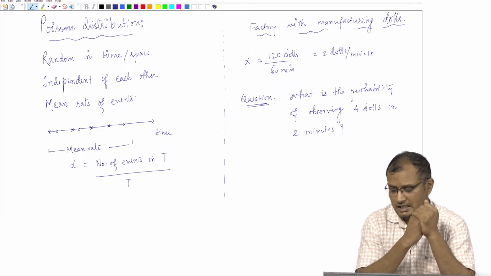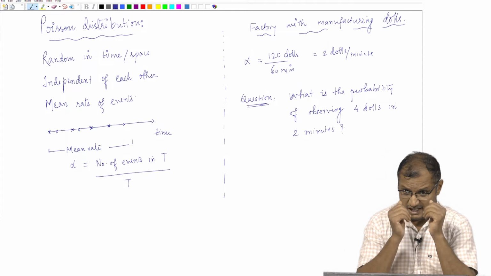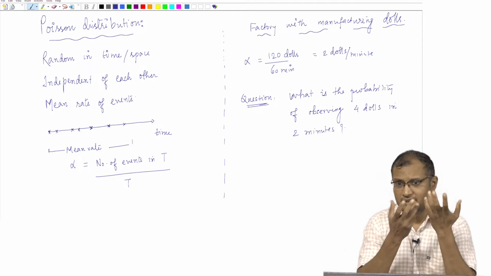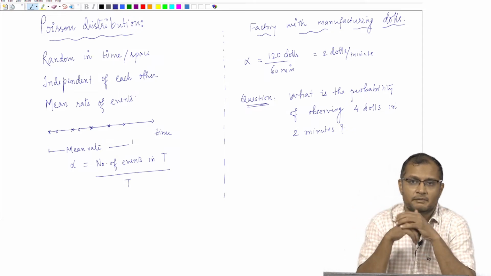But some of them will say I saw 5 dolls, and some will say I saw 3 dolls. Some will even say I saw 1 doll or nothing, because the number of dolls is a random variable in this problem.